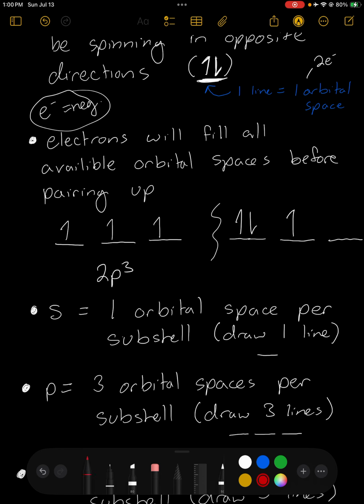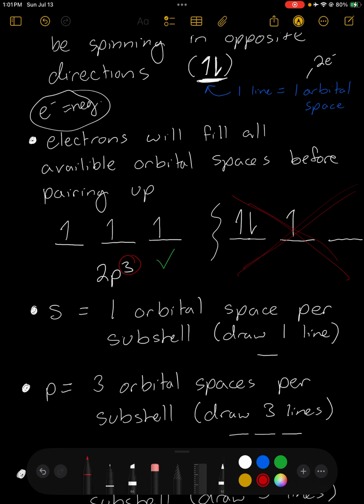This would be incorrect, because while you would have distributed the 3 electrons, you paired them up when they didn't have to. All right, so realize that electrons are going to spread out as much as they can within subsets of orbital spaces before they'll start pairing up. So this would be the correct way to represent them, whereas over here would be incorrect.